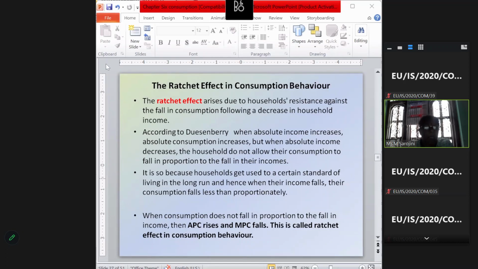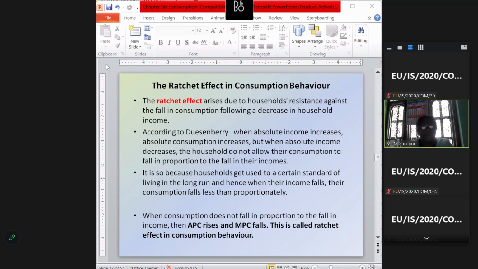Therefore, here APC rises. You know what APC is? APC is equal to C divided by Y. And what is MPC? MPC is equal to delta C divided by delta Y. So in this situation, APC rises and MPC falls. This is called the ratchet effect in consumer behavior.